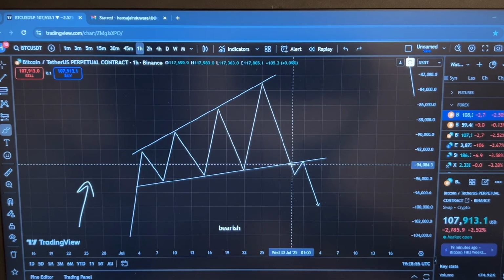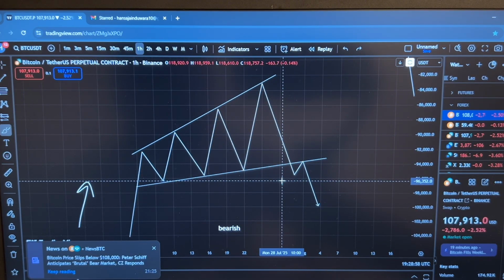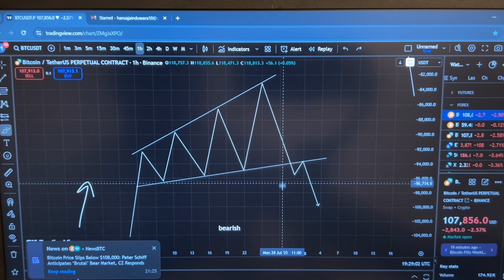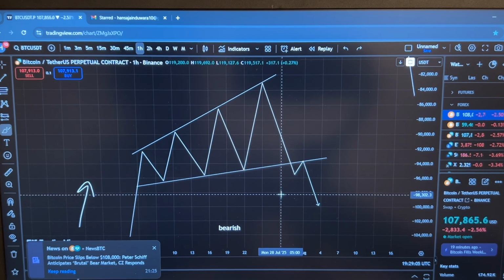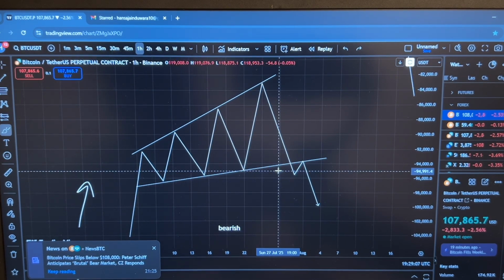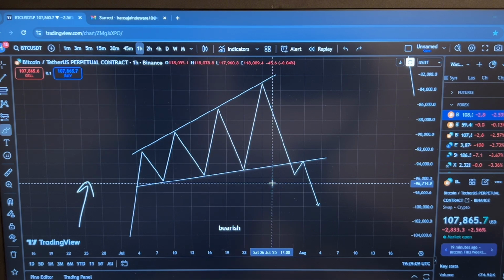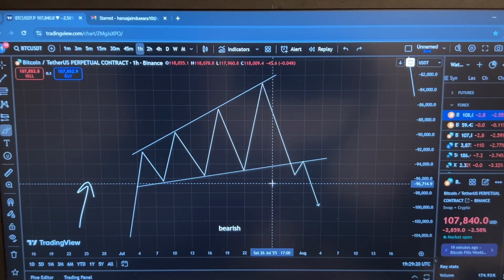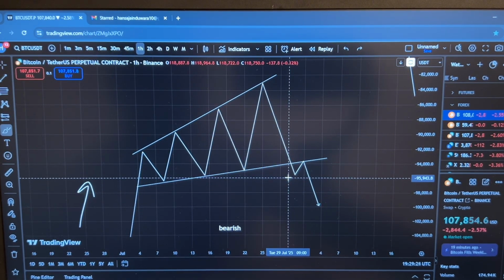So this is broken, and now you just need to be extremely patient and wait carefully to see what's going to happen in the market. Sometimes these kinds of patterns give a retest, sometimes they don't. So always keep in mind, if there is no retest, do not get in on that trade. You're going to lose money because there's no clear point for you to put the stop loss. It's extremely simple: do not rush into trades.